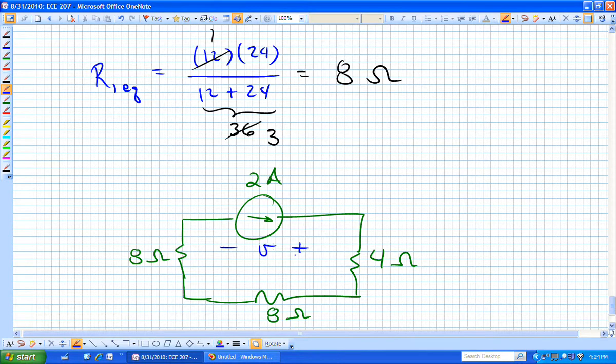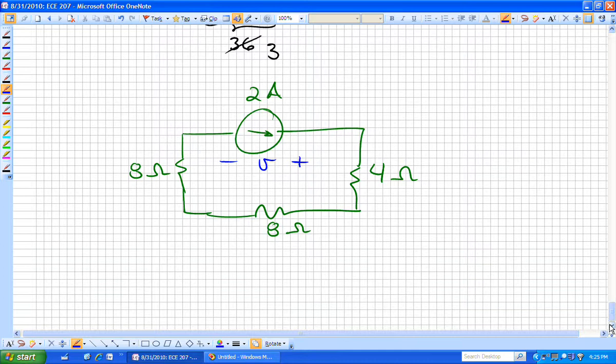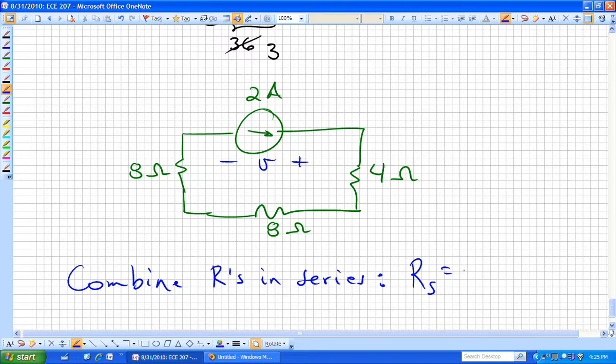Let's see if we can find that voltage. Or we could fairly quickly say, let's go ahead and combine those R's which are in series. Same currents going through all of those, or the series equivalent is 4 plus 8 plus 8, or 20 ohms.